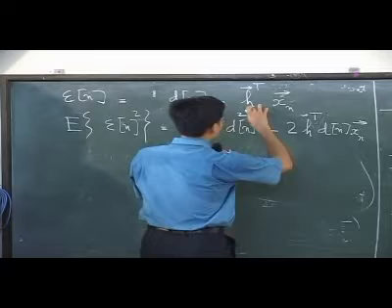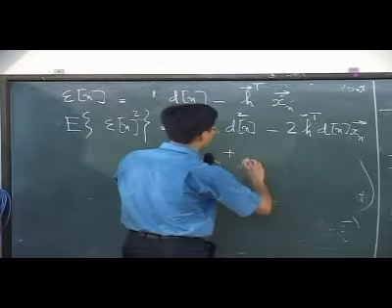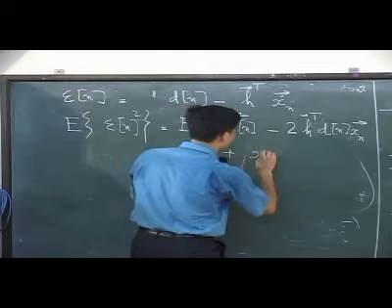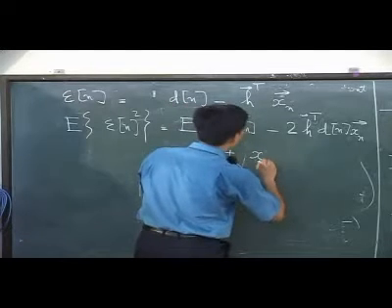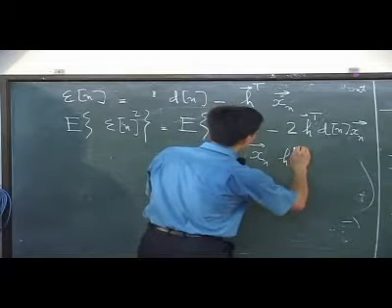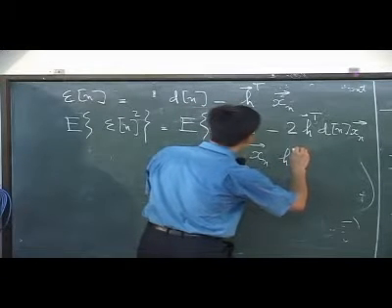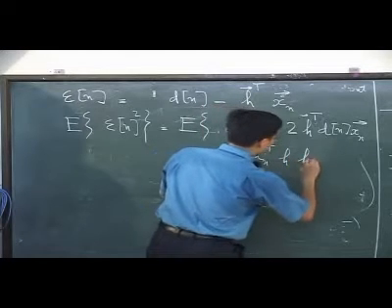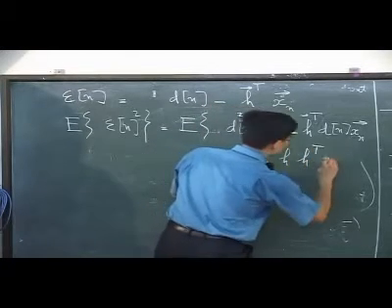Taking that vector multiplied by itself will give you simply the x of n vector times h transpose, x of n transpose times h.